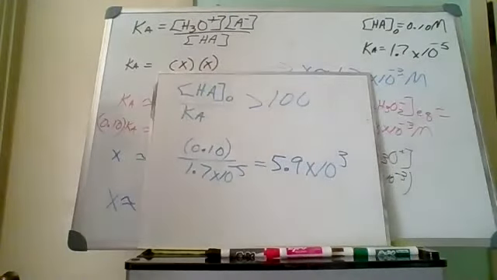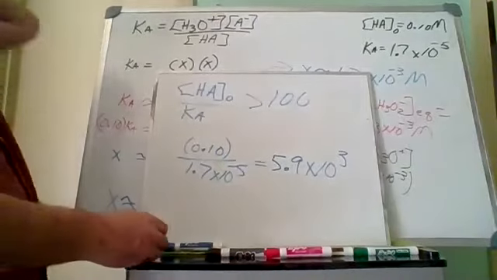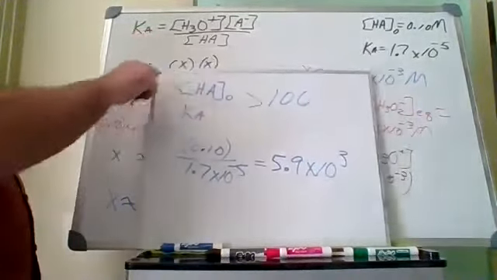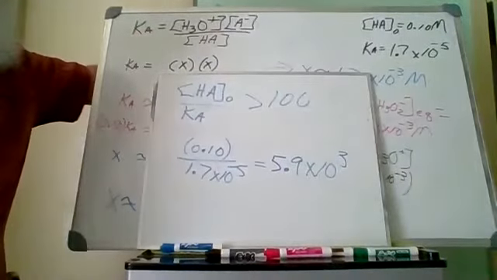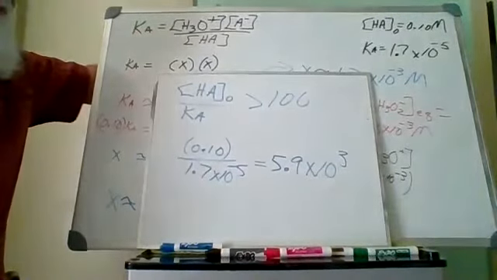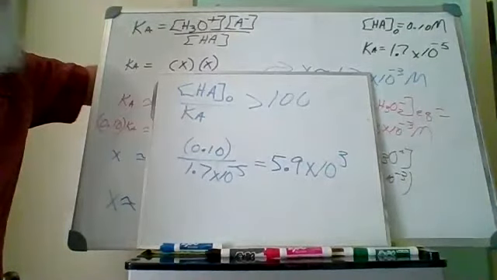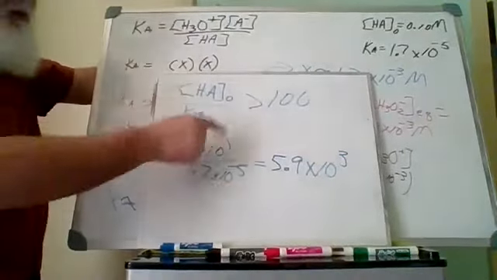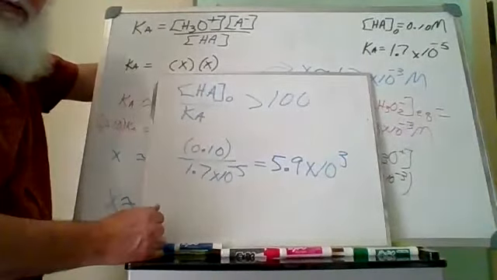Way, way bigger than 100. So that tells us this approximation was, in fact, valid for this particular problem. Again, always have that in the back of your mind. Can I take this small board now? Are we good? Yeah. Okay.